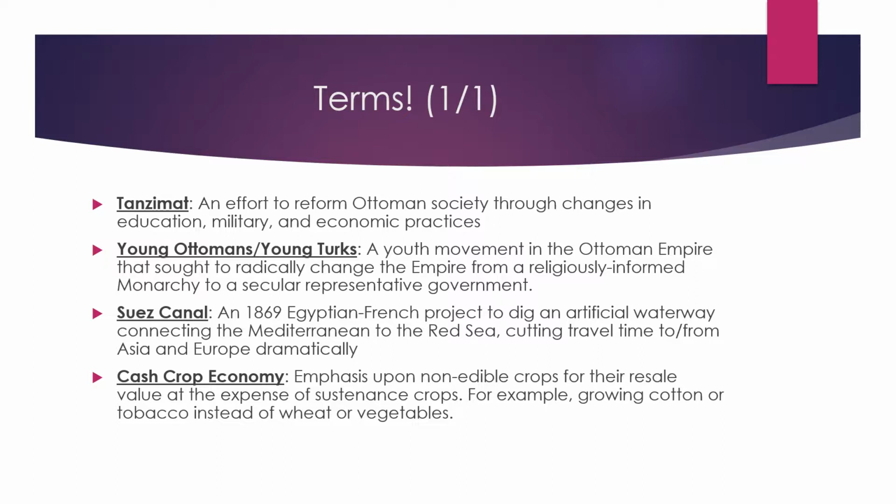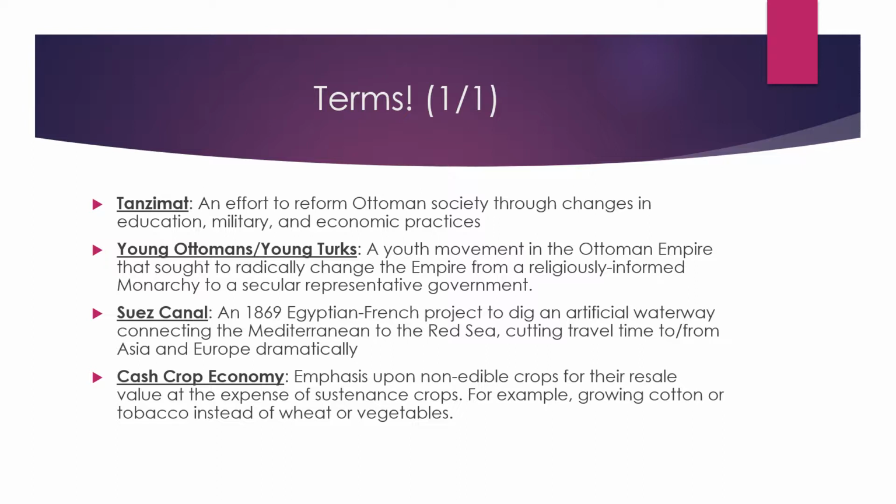This is a project that was completed in 1869, an Egyptian-French joint project that saw the connection of the Mediterranean Sea with the Red Sea, which then cuts down on travel between Asia and Europe dramatically. And then finally, cash crop economy.